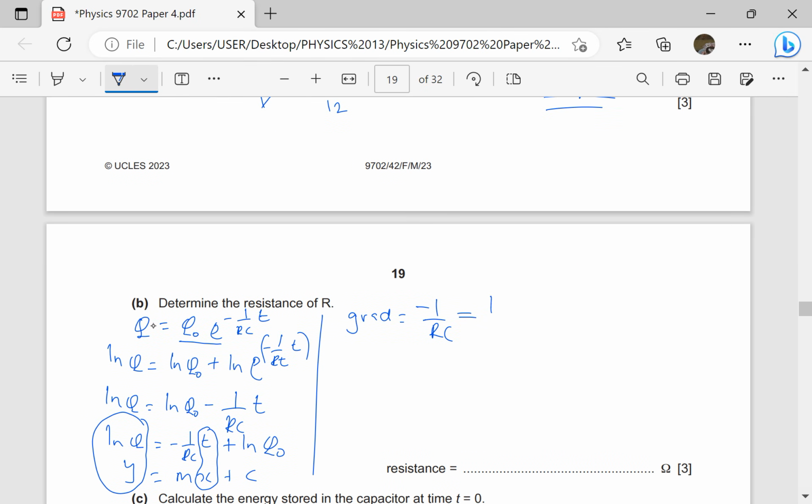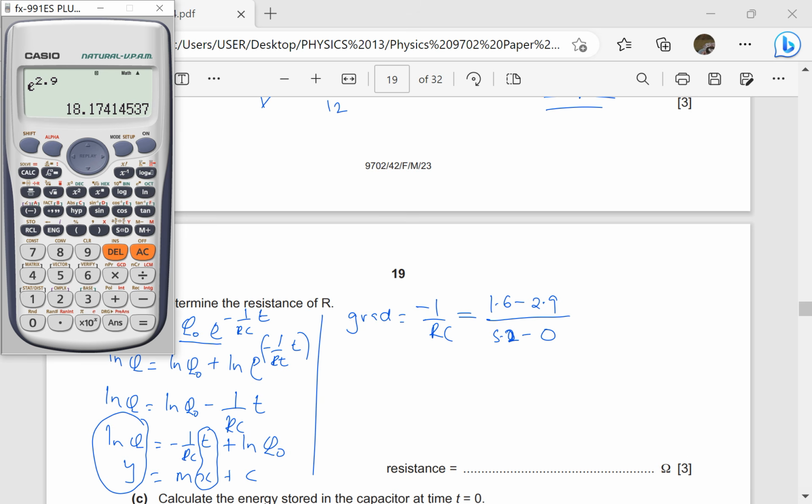So the gradient is going to be 1.6 minus 2.9 on the y-axis. On the x-axis, I have 5.2 minus 0. So that is the gradient.